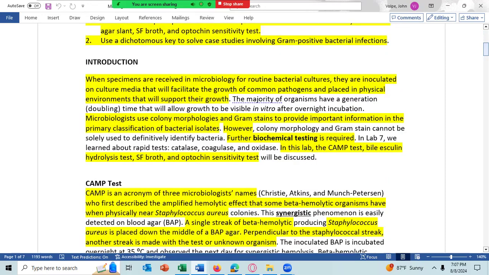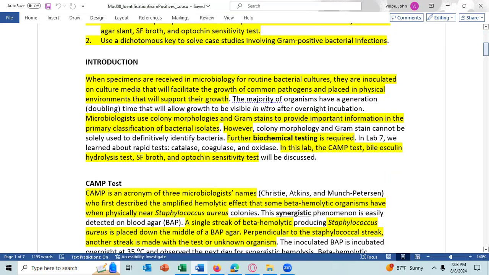When specimens are received in microbiology for routine bacterial cultures, they're inoculated on culture media that will facilitate the growth of common pathogens and placed in physical environments that will support their growth, meaning they'll be put in an incubator.